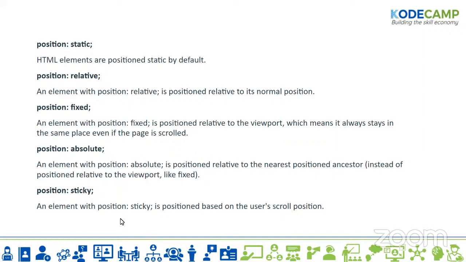An element with position absolute is positioned relative to its nearest positioned ancestor. It's not only human beings that have ancestors; even your HTML elements have ancestors, great grandfathers, grandfathers, and all. So instead of being positioned relative to the viewport, it's positioned relative to the nearest positioned ancestor.